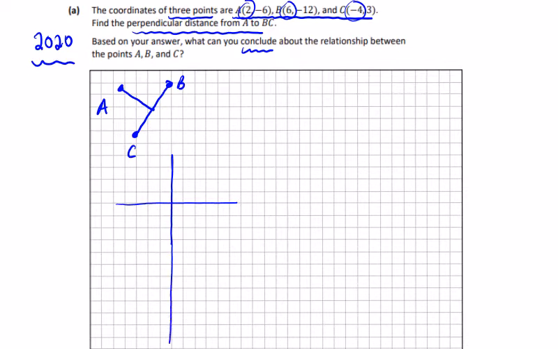I'm going to give 1 unit to each here to be really accurate. 2, minus 6.